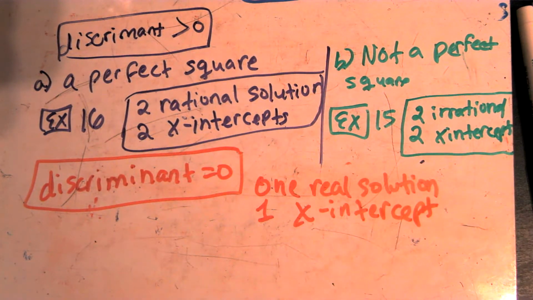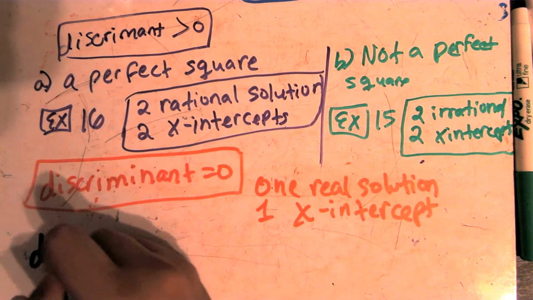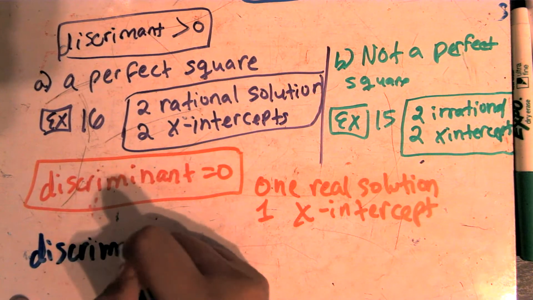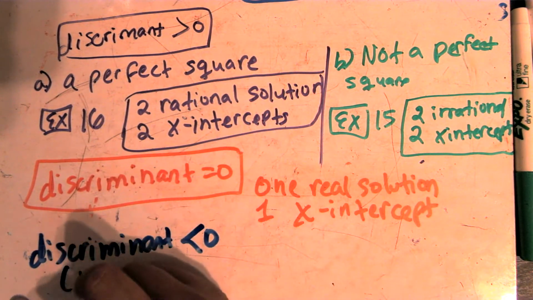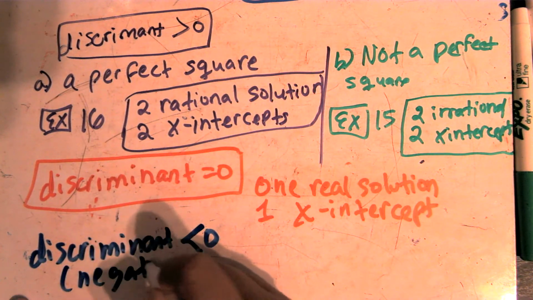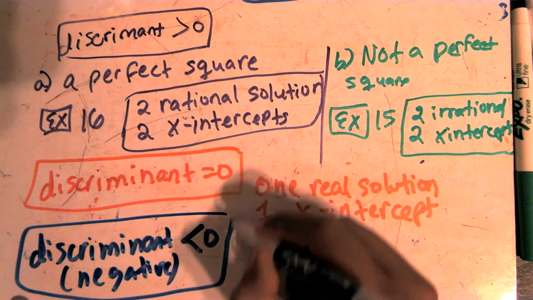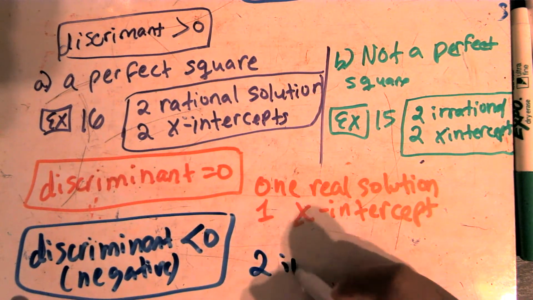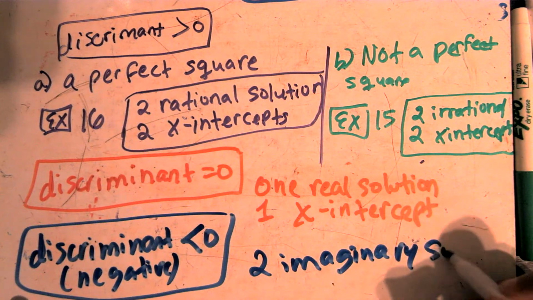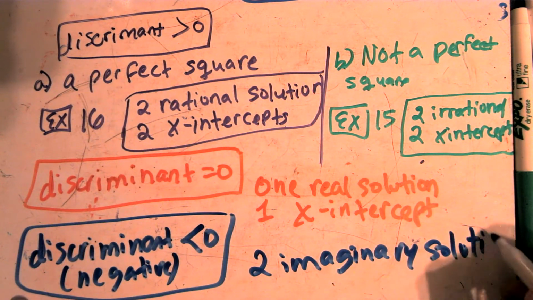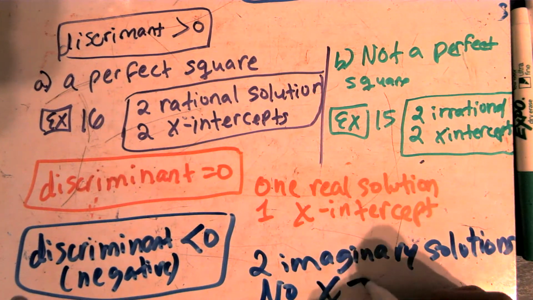And then we said if the discriminant is a negative number, in other words less than 0, then we have 2 imaginary solutions. We'll talk about imaginary solutions in another video. What does it mean for a number to be imaginary? And no, or 0, x-intercepts.